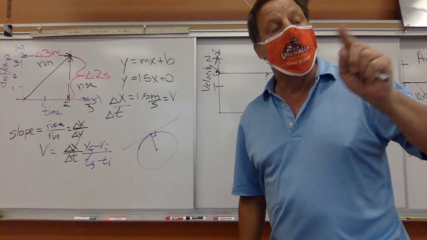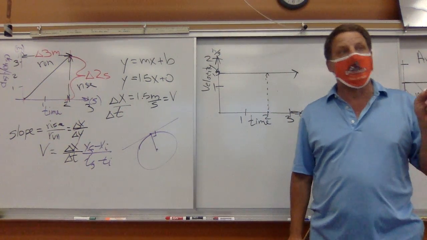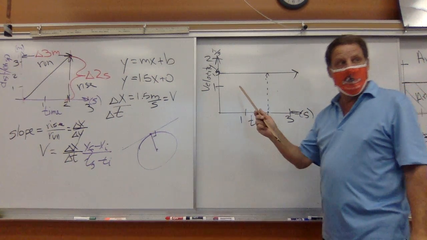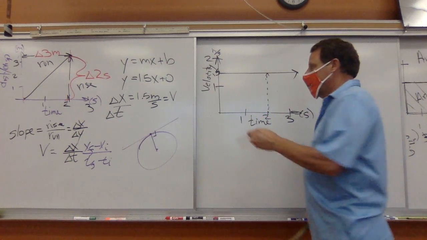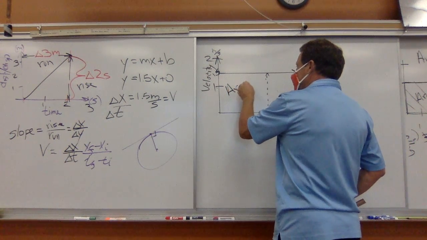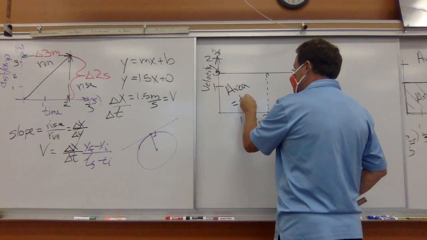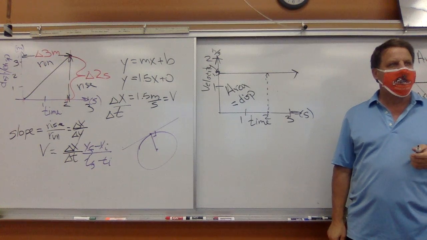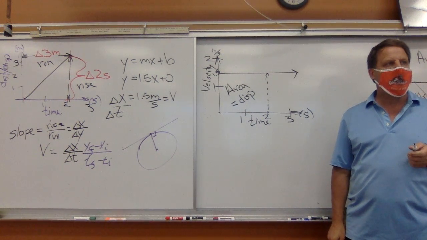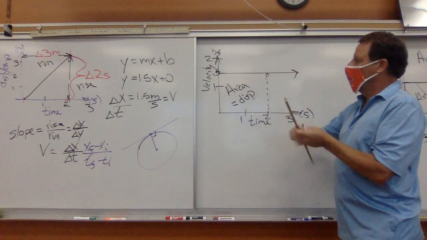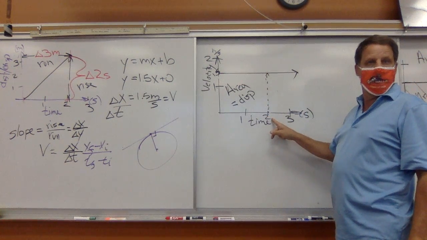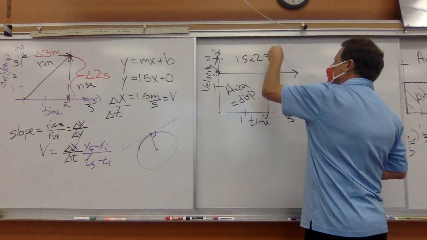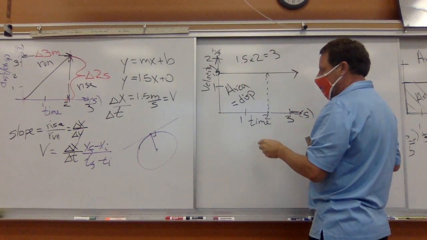Now that is sort of intuitive, but what I would like to say here is that we're going to use this graph and say that the area of this graph is equal to the displacement. So what is 1.5 times 2? It is obviously 3.